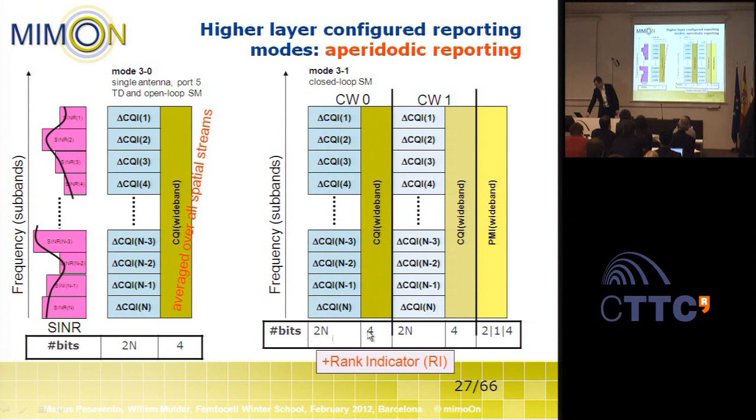So these are in total the number of bits that are signaled in the report. But on top of this, there's also a precoding matrix selected. One of these 16 matrices is selected if we have a 4x4 system. So this is another 4 bits in the 4x4 system, plus a rank indicator which tells the base station how many streams are preferred.